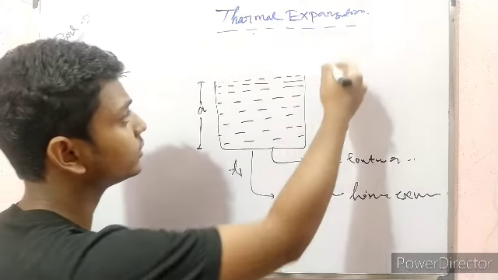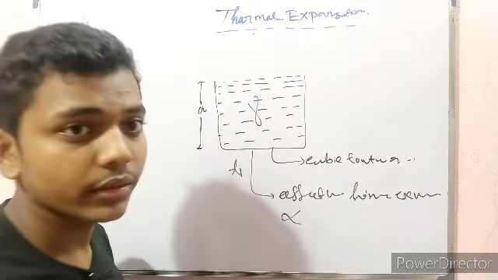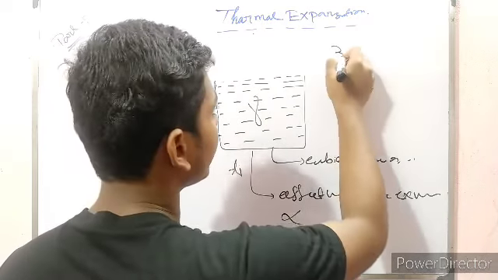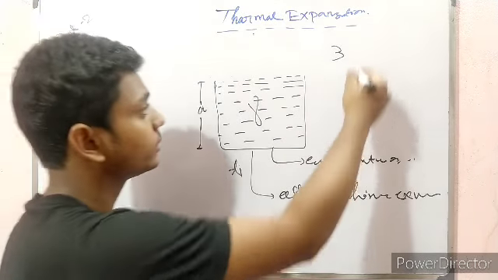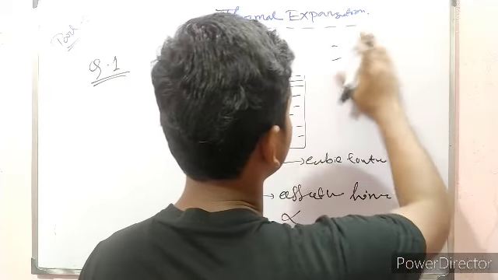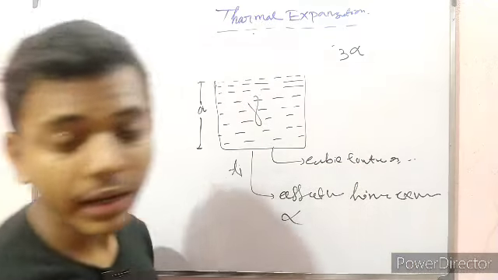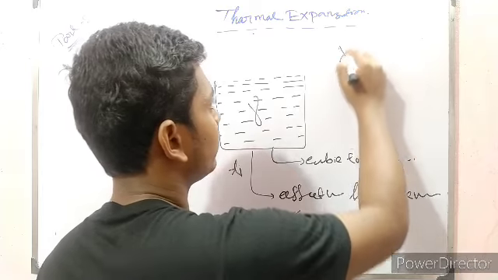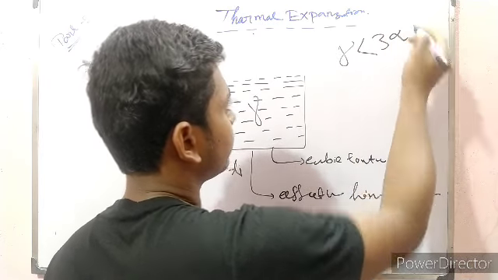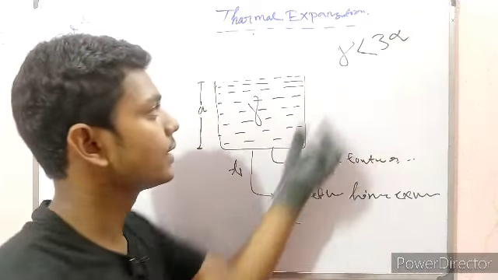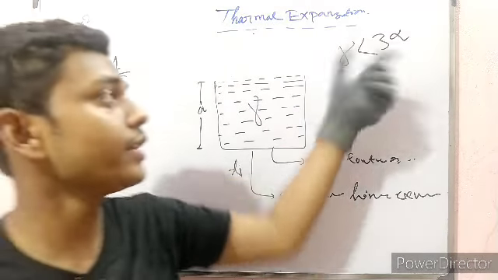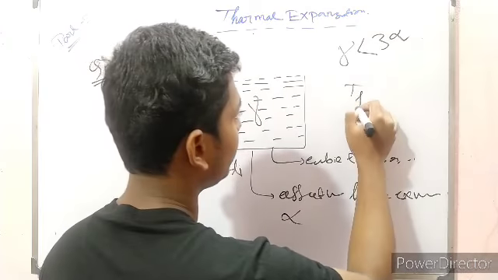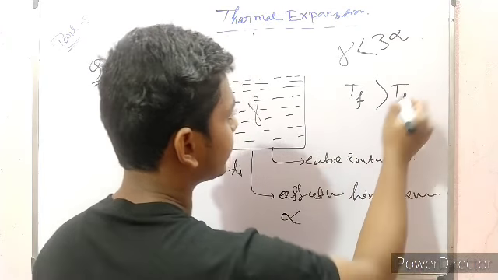Here it is given that gamma is less than 3 alpha, I mean 3 alpha is greater than gamma. And T final is greater than T initial.